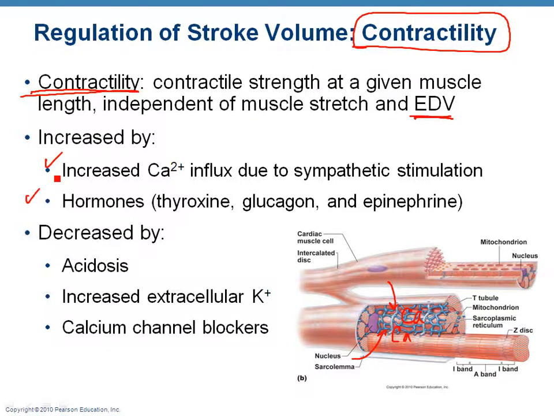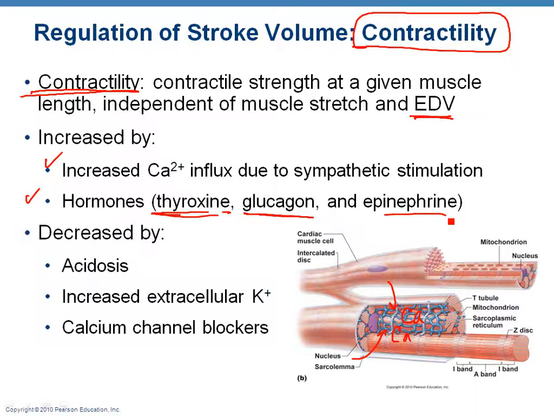And then there are hormones, all of which you will learn about in Unit 2 of Biology 202: your thyroxins, your thyroid hormones, glucagon, and epinephrine produced by your adrenal glands. All of those are able to stimulate greater contraction force as well.